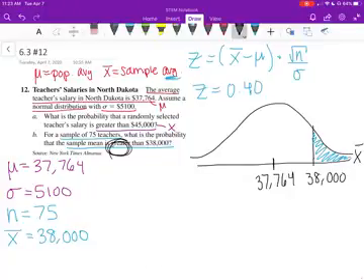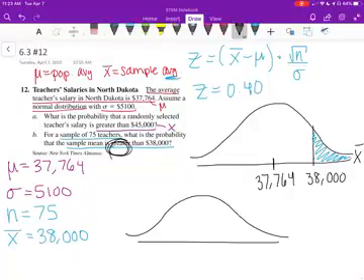So let's draw our Z distribution now. Remember, mu is always in the middle. Mu is 0 when you're talking about Z. And our Z is now 0.40, and we're still shading to the right. That hasn't changed.